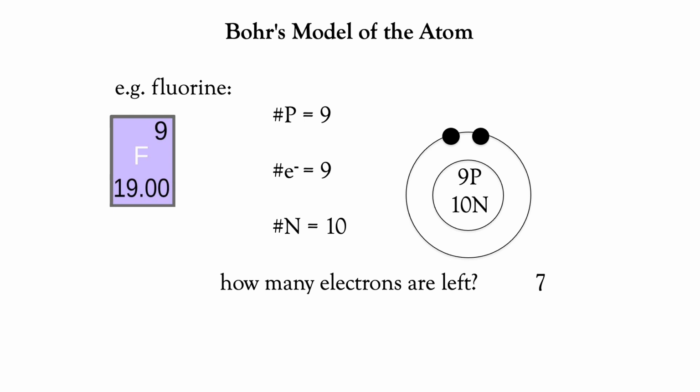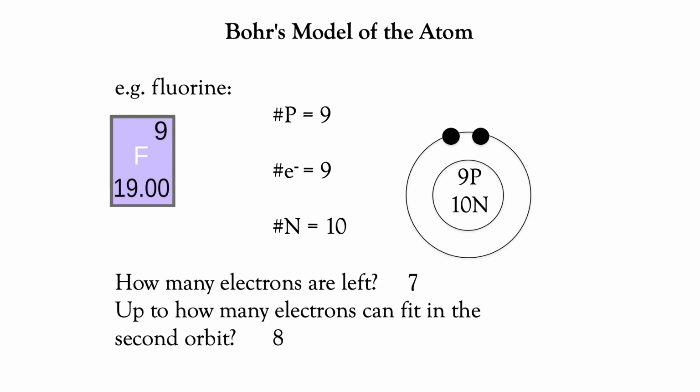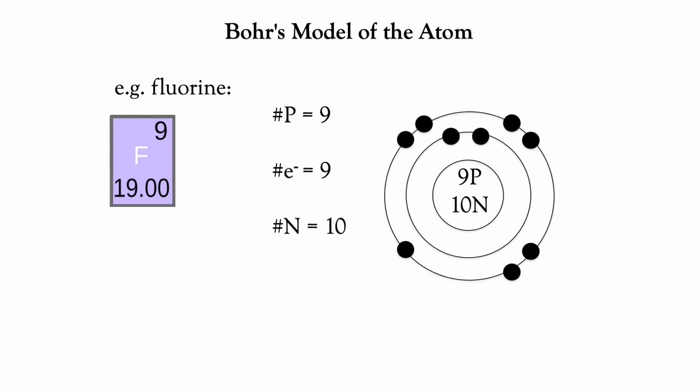You only have 7 electrons left in fluorine. Up to how many electrons can fit in the second orbit? Again, you have 8. And so if we arrange that, you have 2 in the first orbit, and then you arrange the 7 electrons in the second orbit.